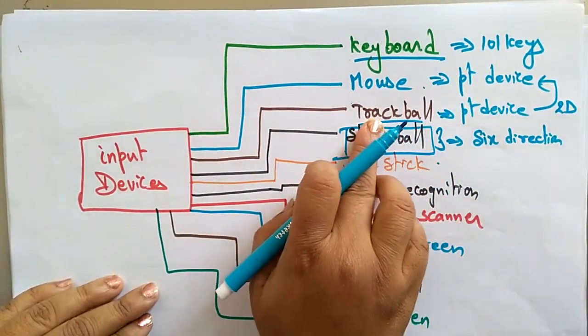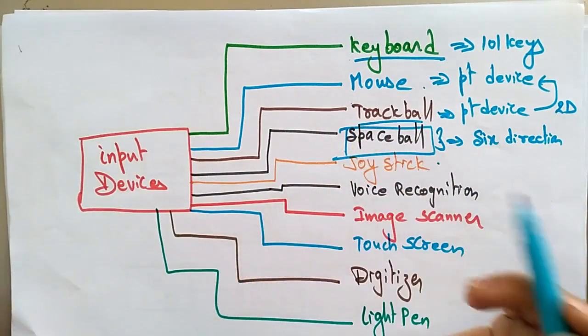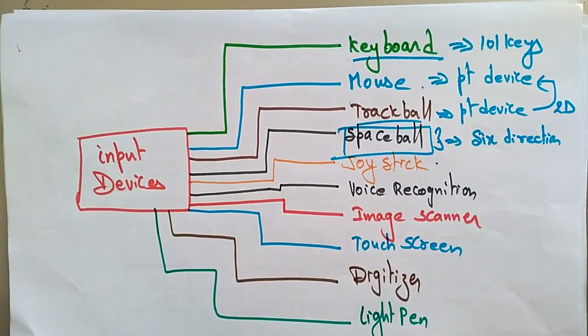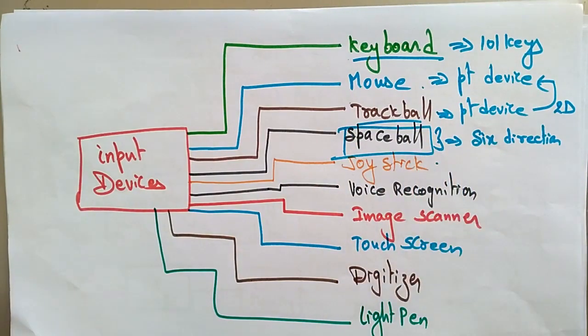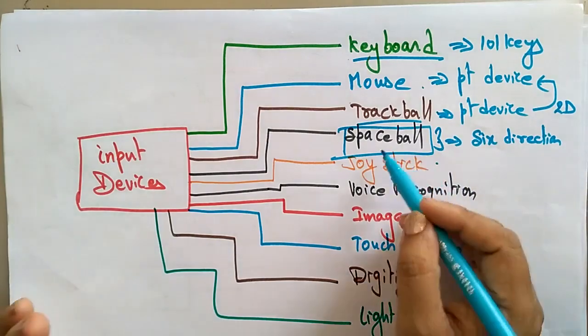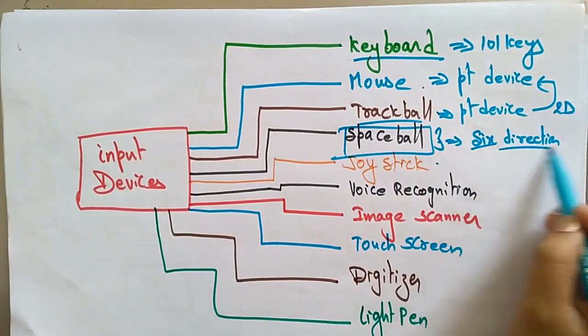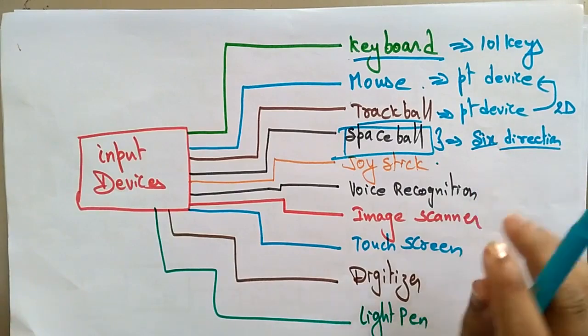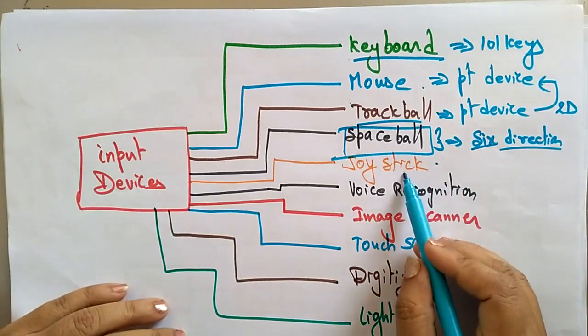I said the trackball can be used in notebooks or laptops instead of the mouse. The spaceball can be used for 3D positioning of objects. In the 3D environment we can use the spaceball because it can move in 6 directions, and it is applicable in CAD applications, that is computer aided design applications, and it is also used in animations.